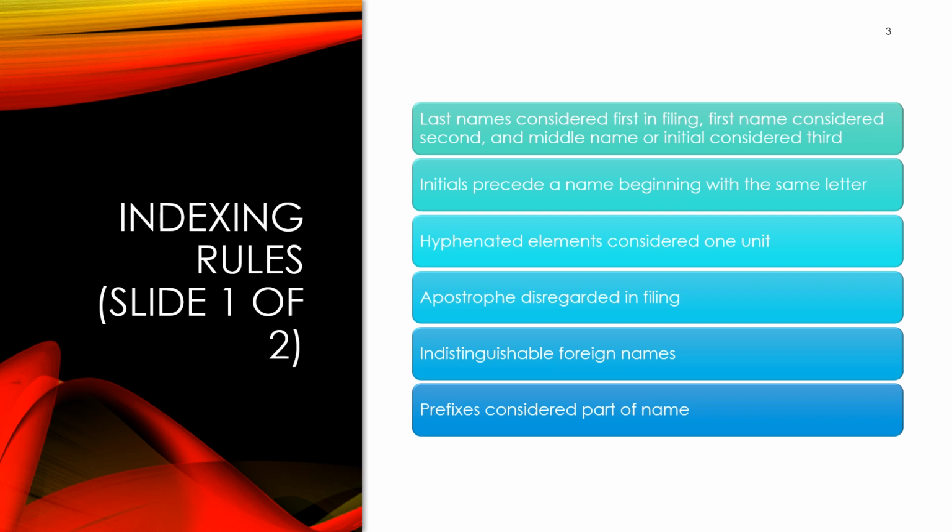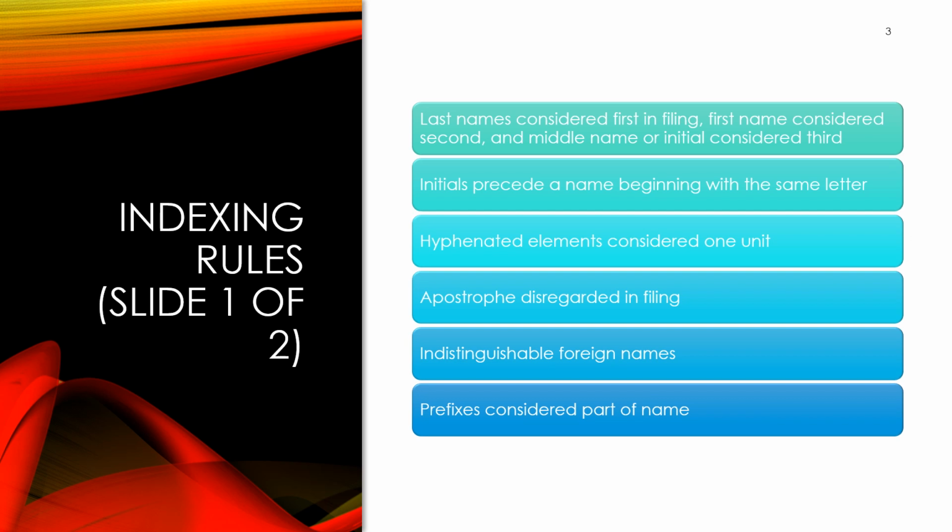So we start off with last names, and we use the last name first in filing. Then the first name is considered, and then the middle name or initial is looked at third. So we begin with the last name, then look at the first name, and then the middle initial for filing.